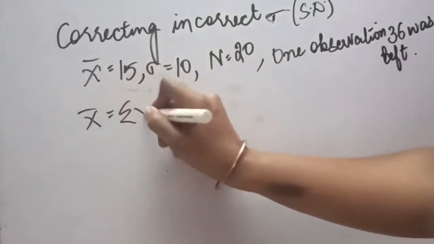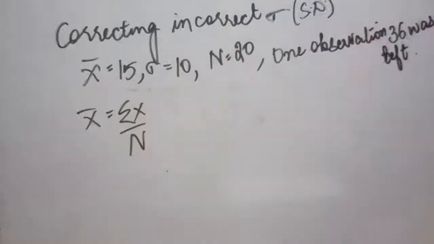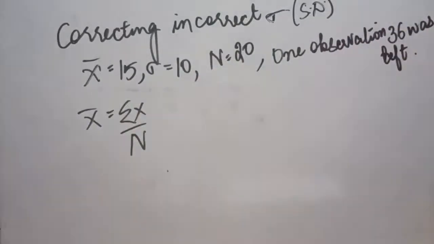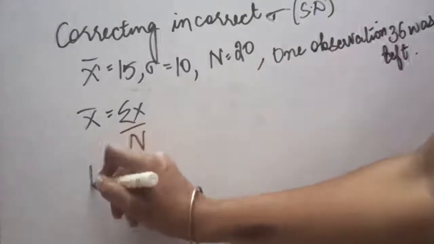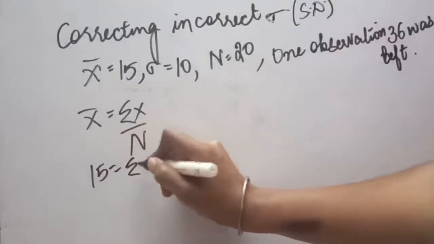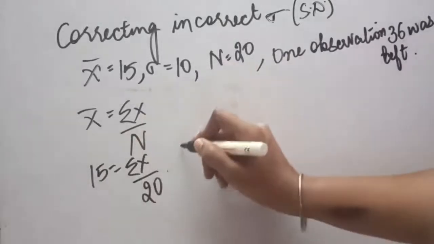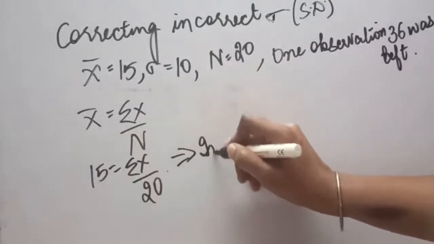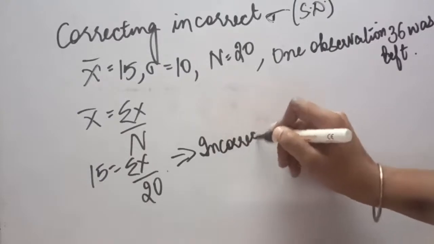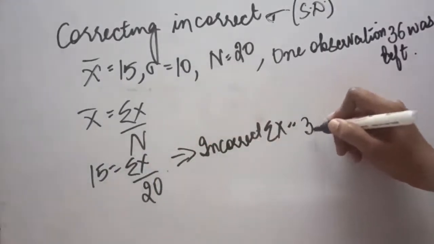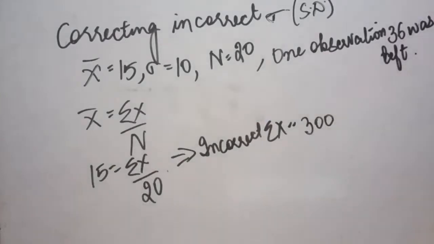Our mean formula is sigma x divided by n. If we put in the values, the mean is 15, sigma x we do not know, and the number is 20. So from here we can say that incorrect sigma x equals, cross multiplying, 15 into 20, which is 300.